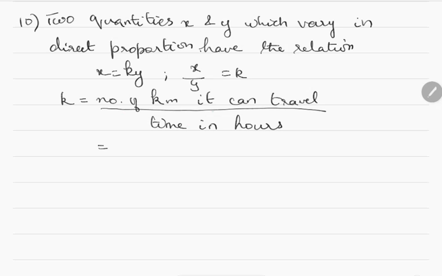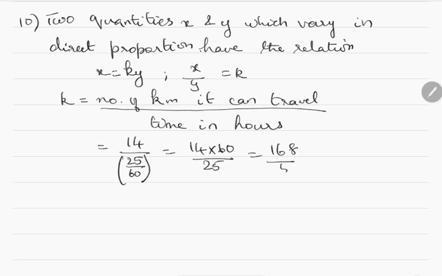The number of kilometers that it can travel is 14, divided by time in hours. So it is 25 minutes. So hours is 25 by 60, which is equal to 14 into 60. Reciprocating this factor divided by 25 is equal to 168 by 5. So here k is equal to 168 by 5.